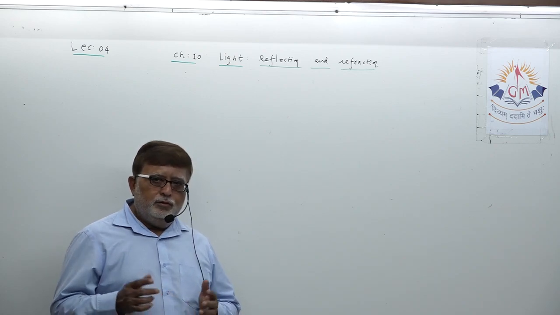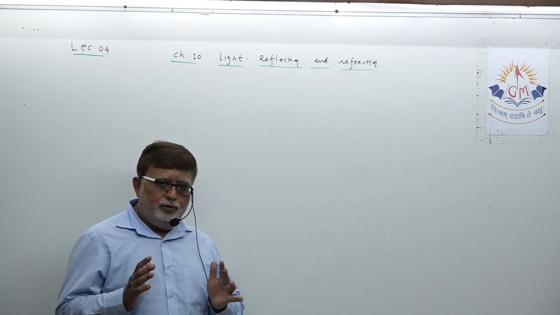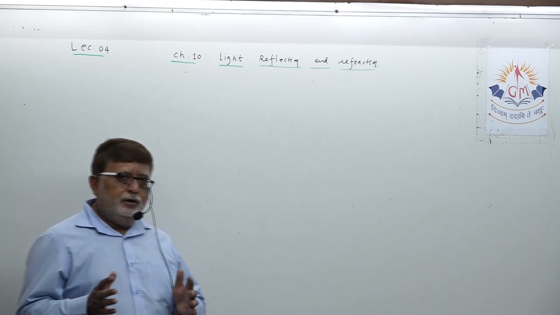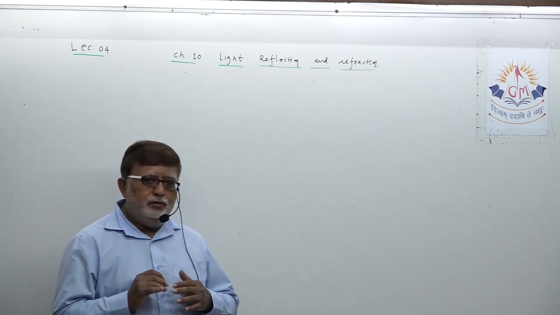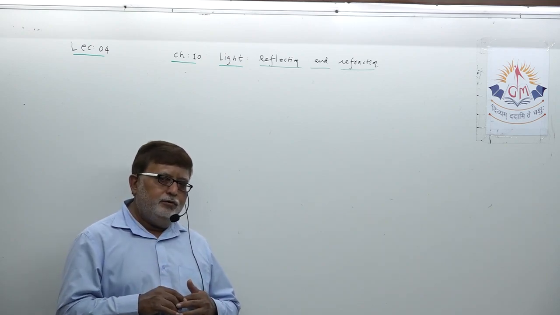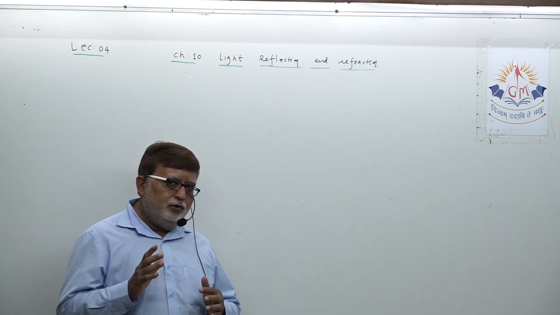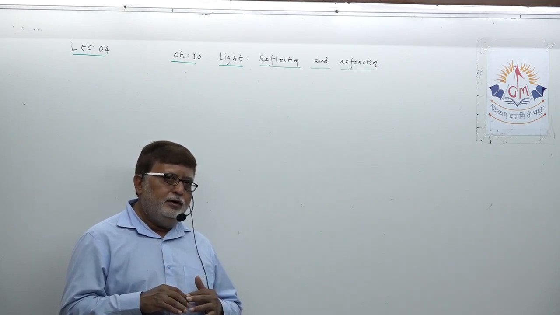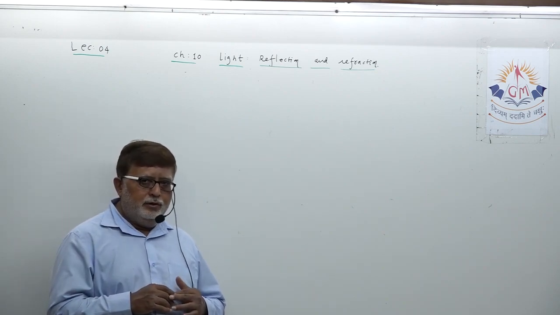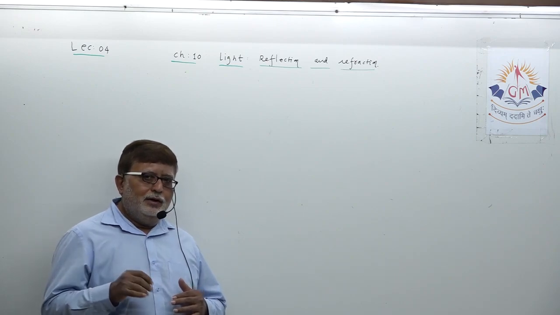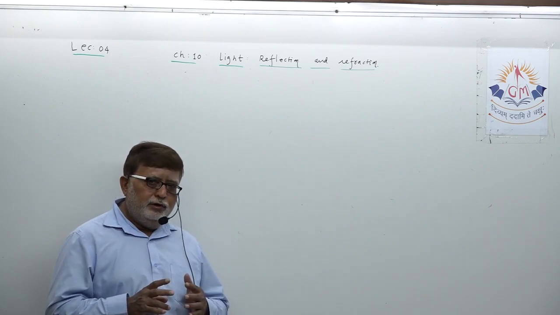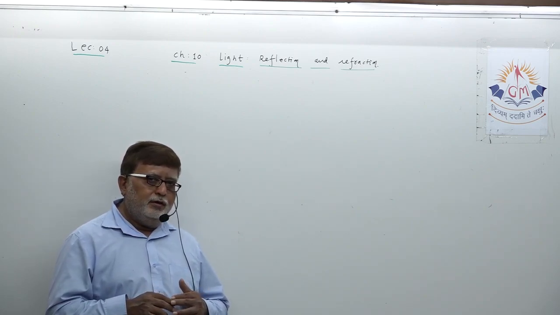Why? Not only from the exam point of view, that it can be directly asked as a short note on Cartesian sign convention rules for curved or spherical mirror, but it is also very useful when you want to solve examples regarding mirrors. Until you have complete knowledge of Cartesian sign convention, it becomes difficult to solve examples regarding concave and convex mirrors.